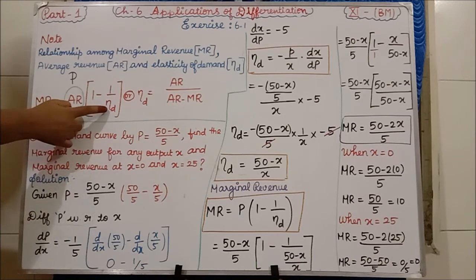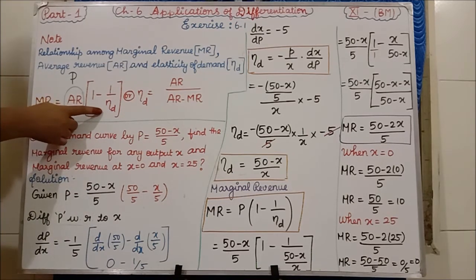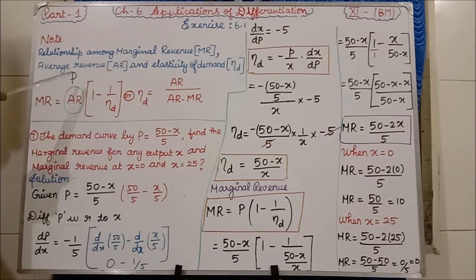So for this eta d, the elasticity of demand value, we need it in this formula, isn't it? So first we will find this elasticity of demand eta d value, then we will apply it in the formula. Clear all of you why we are finding eta d first itself? Because in the question we have to find marginal revenue. So for marginal revenue we have the formula price into 1 minus 1 divided by eta d. So for this eta d value we are finding it first.